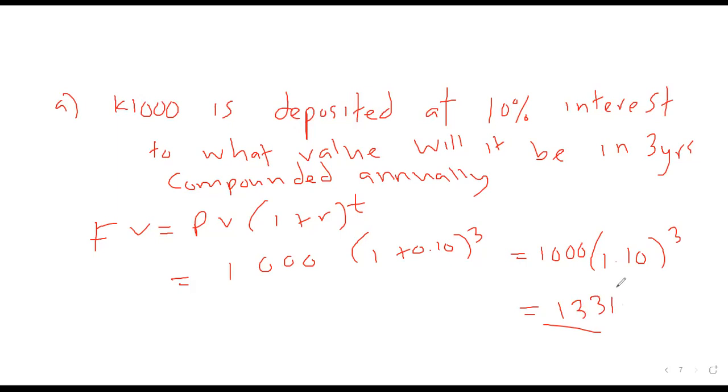Are you sure? You first start with 1.1 to the power 3, then you multiply times 1,000. Confirm the rest. Is that correct?